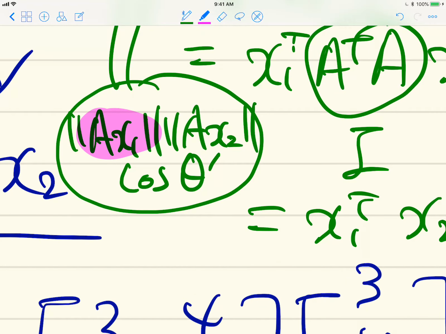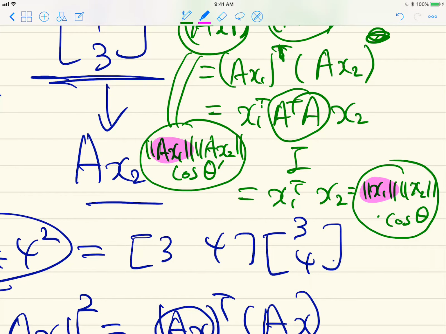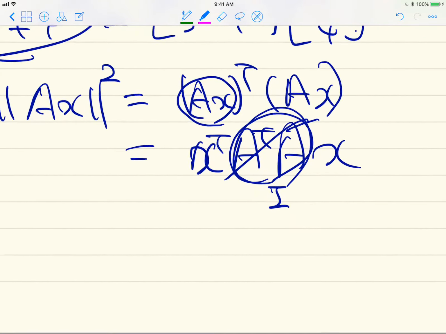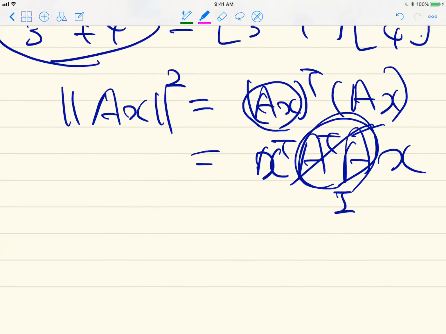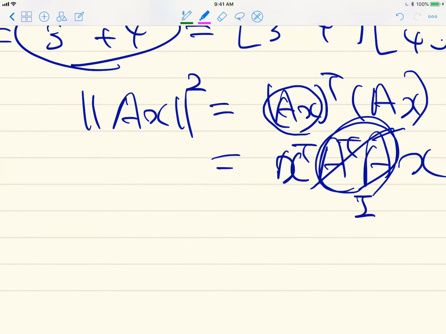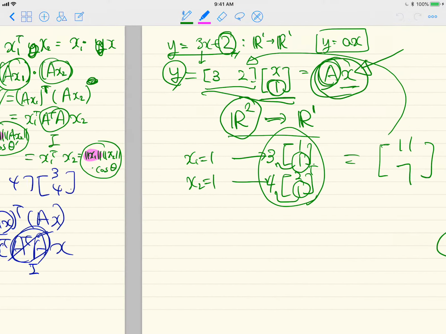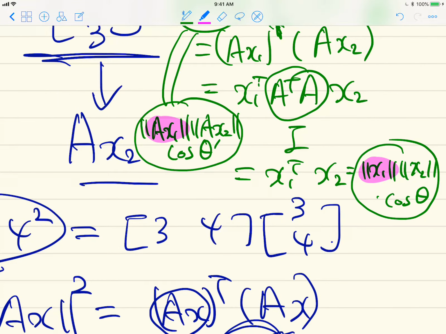The length of an output vector of x1 is the same as this guy. This is what we proved over here, right? So basically, this guy is the same as the vector length of x. So this guy is the same, and this guy and this guy are the same, and thus the remaining part should also be the same, right? So theta prime and theta are the same, so the angle is preserved, okay?